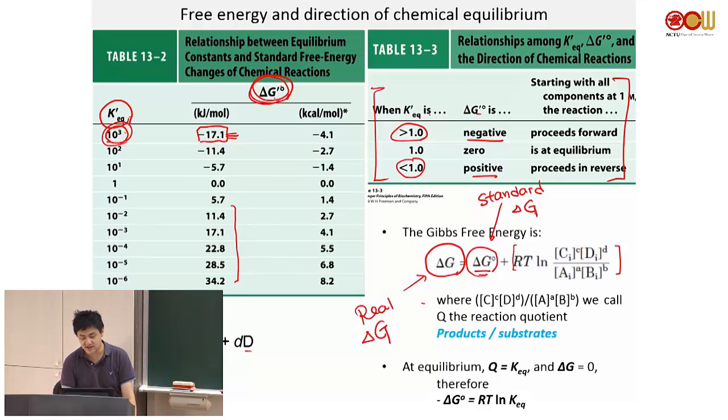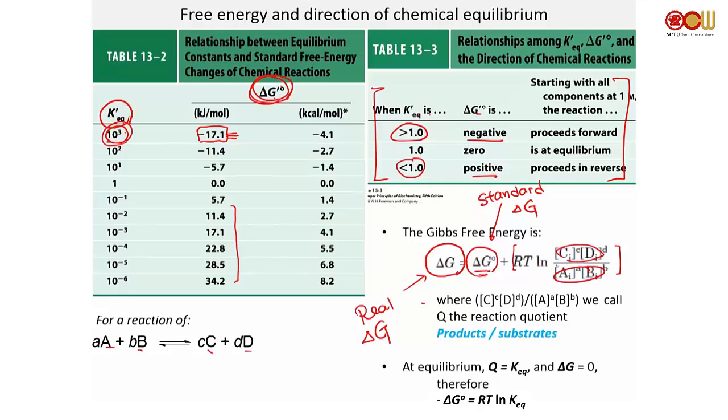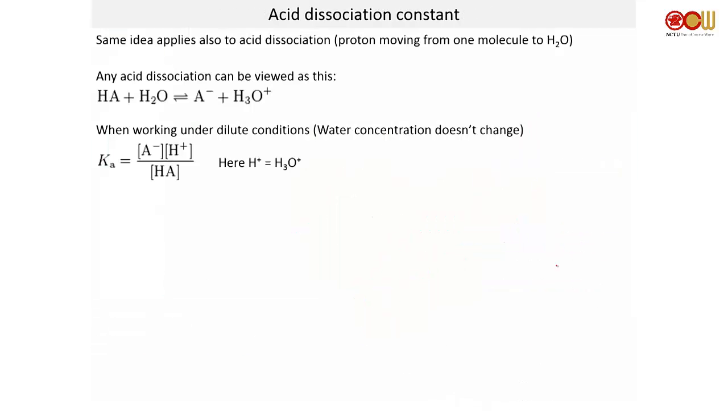How do you do that? By messing around with the concentrations. And also the acid dissociation constant. The same idea applies to acid dissociation constants. So the protons move from one molecule to water. That's the acid dissociation constant, what we call Ka.